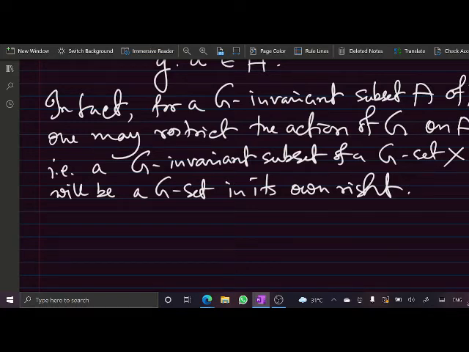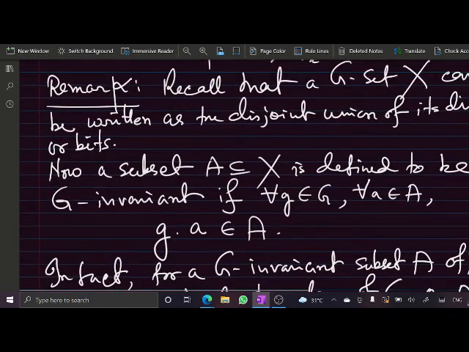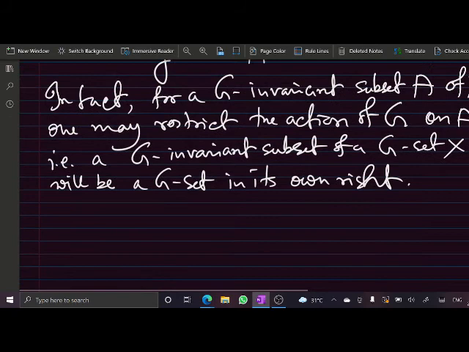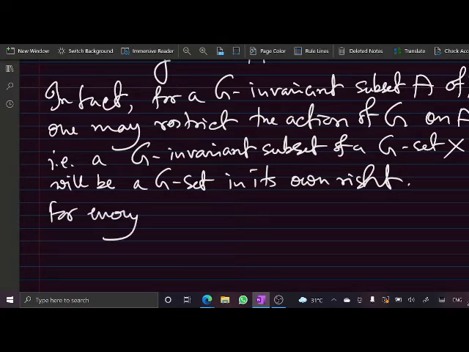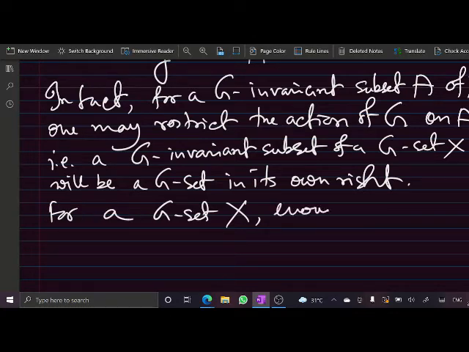Okay, so now let us come back to the case of orbits. In particular, for a G set X, every orbit is G invariant, right?